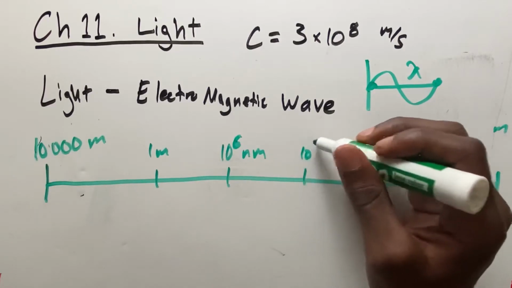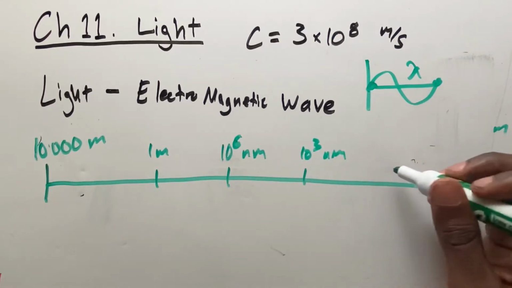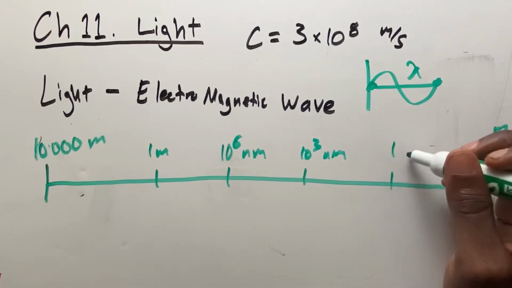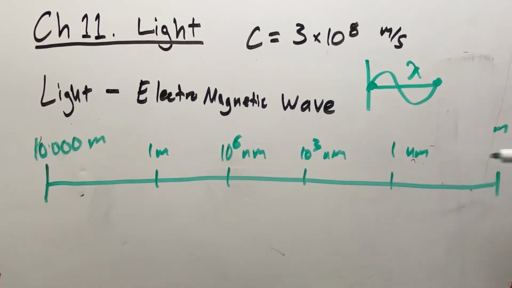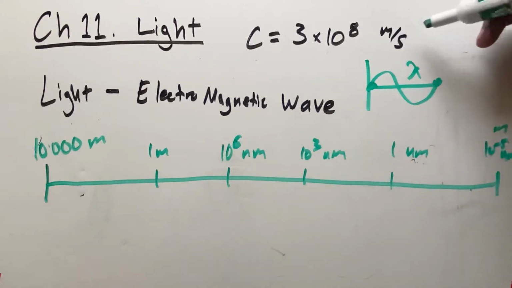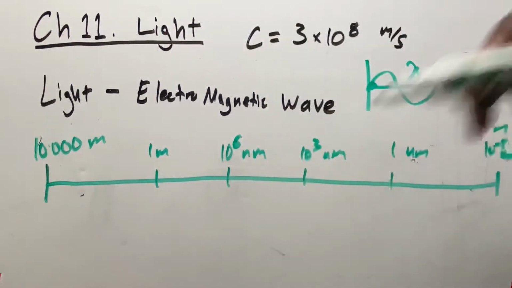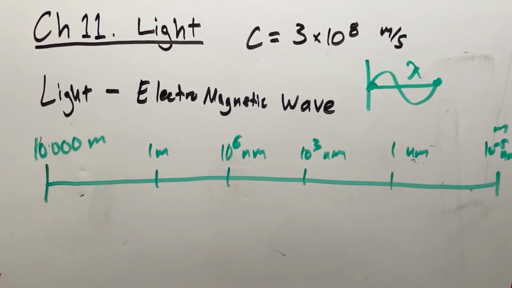Right here, 10 to the 3 nanometers. Right here, 1 nanometer. And over here, 10 to the negative 5 nanometers. And a nanometer, write it right here.